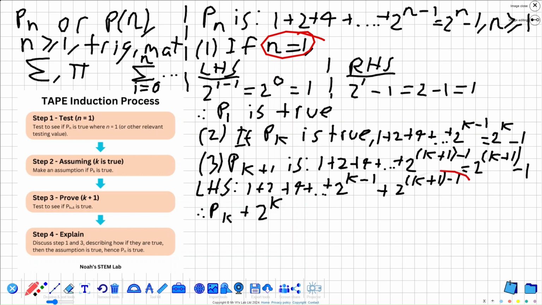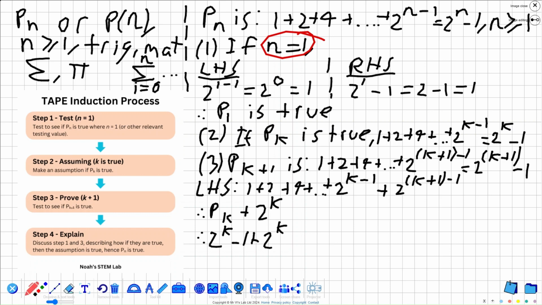And I've just evaluated this here because we can cancel out those two ones really simply. So that will be 2 to the power of k - 1 plus 2 to the power of k.